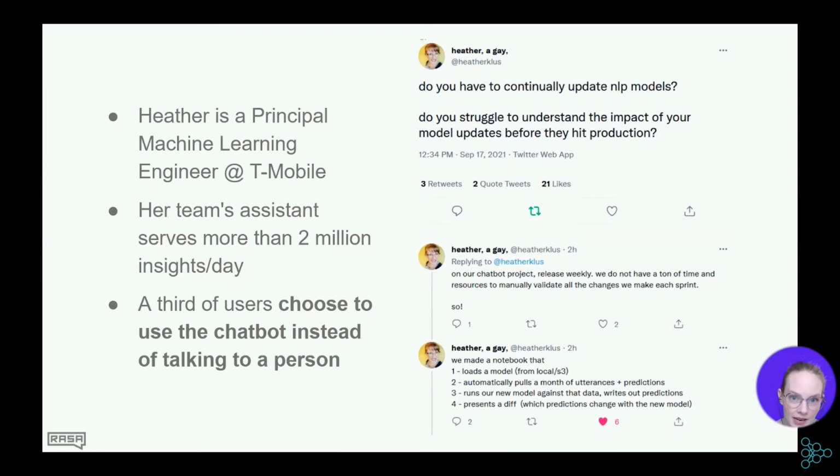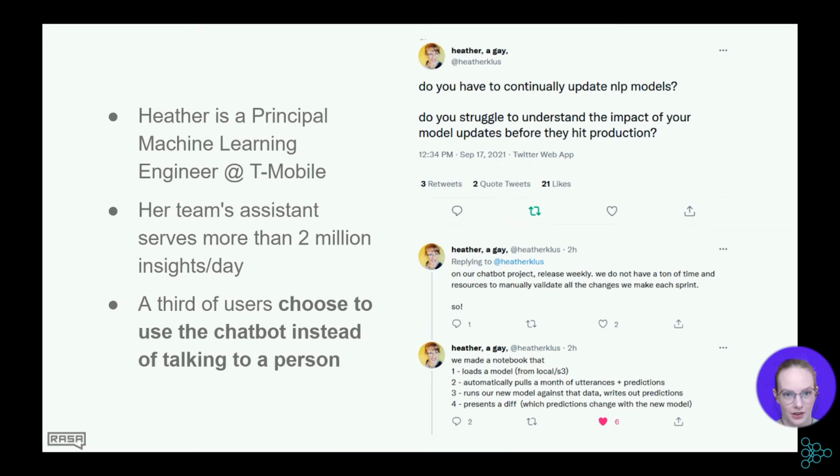And one of the things that they do as part of their workflow is they do validation. So I know this font's a little bit small, but basically they have a Jupyter notebook that has both code and text interspersed. It loads in their model that they're considering changing for their assistant. It pulls a month's worth of utterances and predictions.